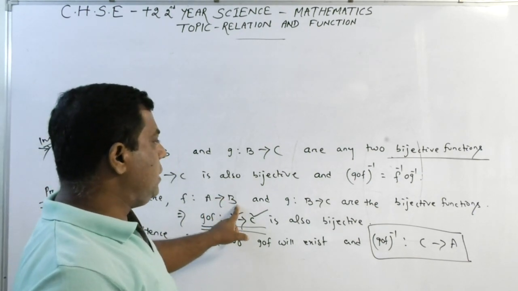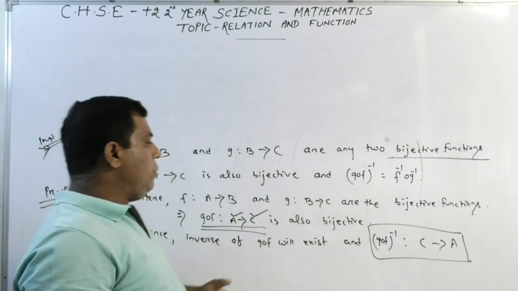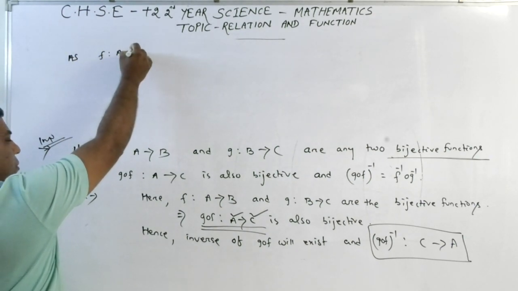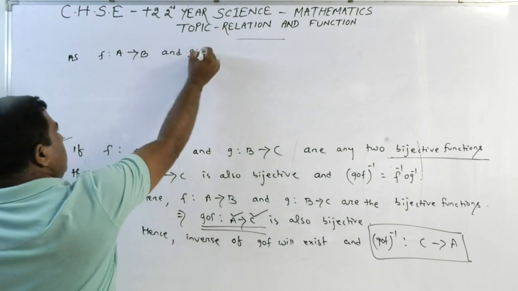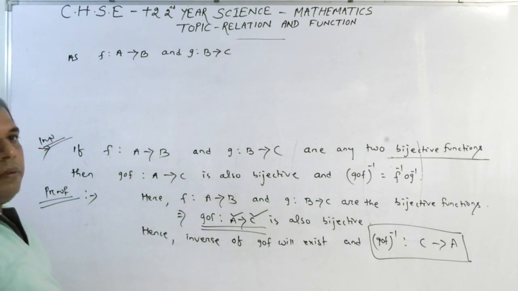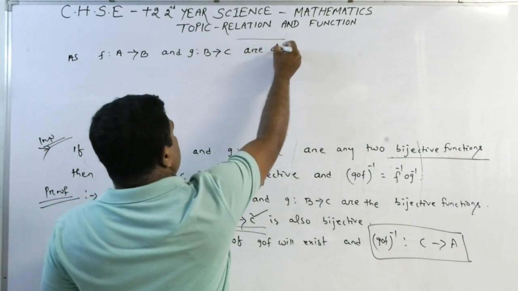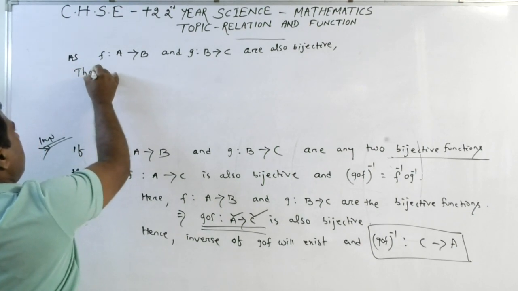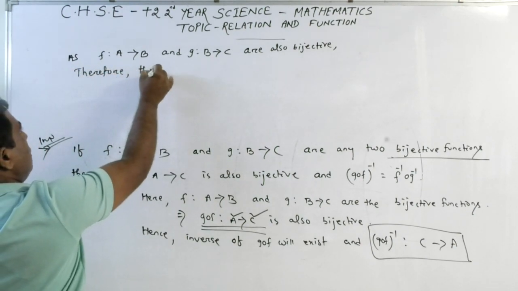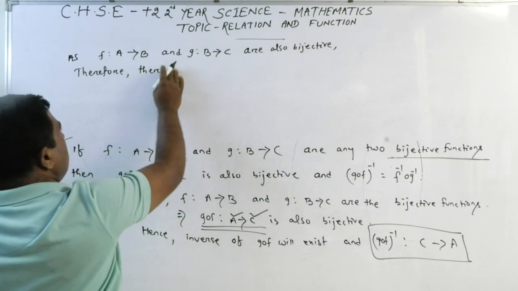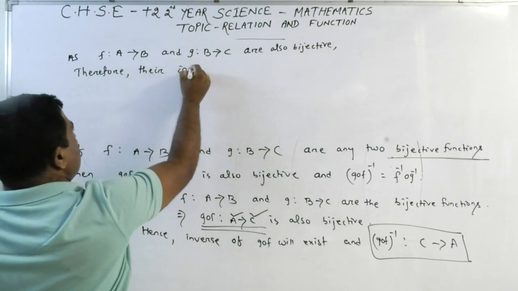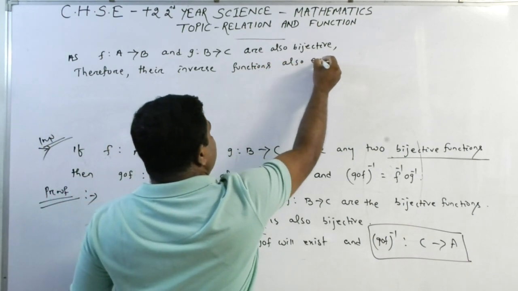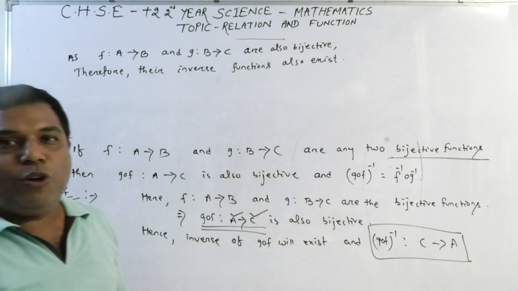As we know f is bijective and g is also bijective, f is from A to B and g is from B to C, therefore their inverse functions also exist.